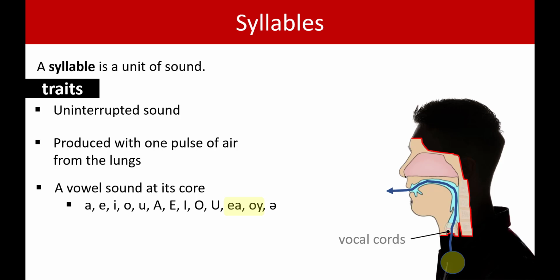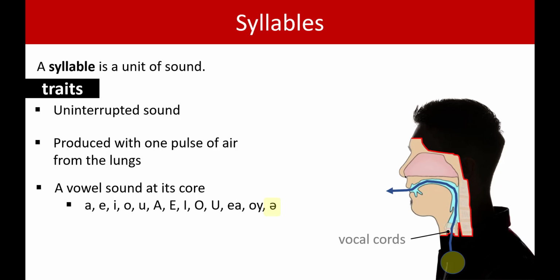Or maybe even a vowel called a schwa, and this vowel can be represented by any of the vowel letters, which is why it is shown by the upside down E symbol. So a vowel sound, not necessarily a vowel, but a vowel sound, is at the core of every syllable.